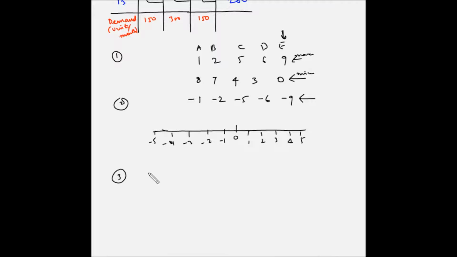So what does that mean? So while finding the basic initial feasible solution, in case of a minimization objective, we allocate to the cell with the lowest cost, and instead of that, in maximization objective, we will have to allocate to the cell with the highest profit value.